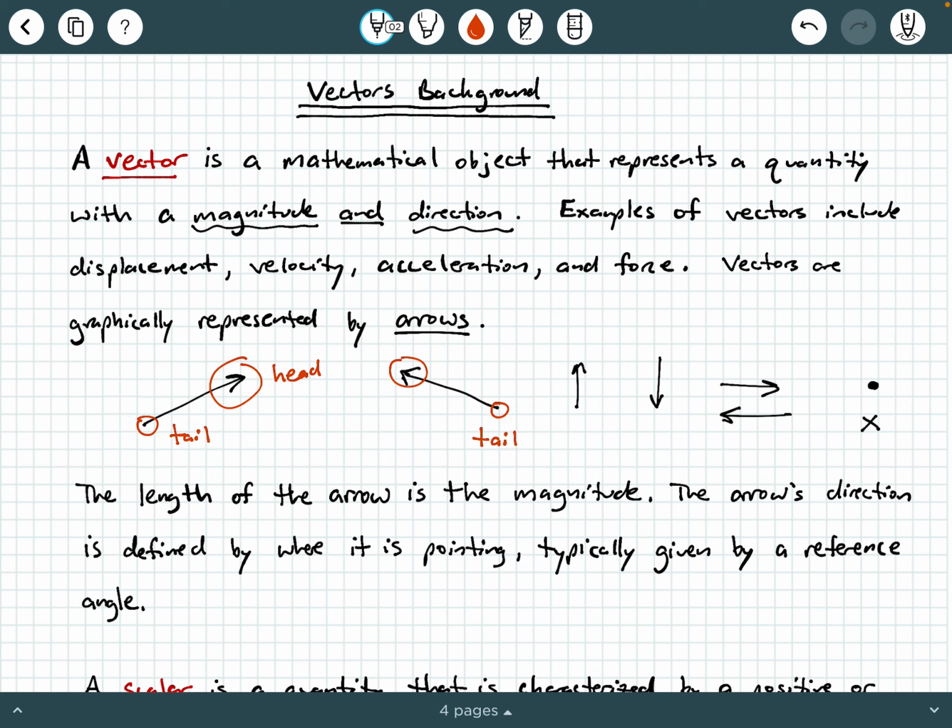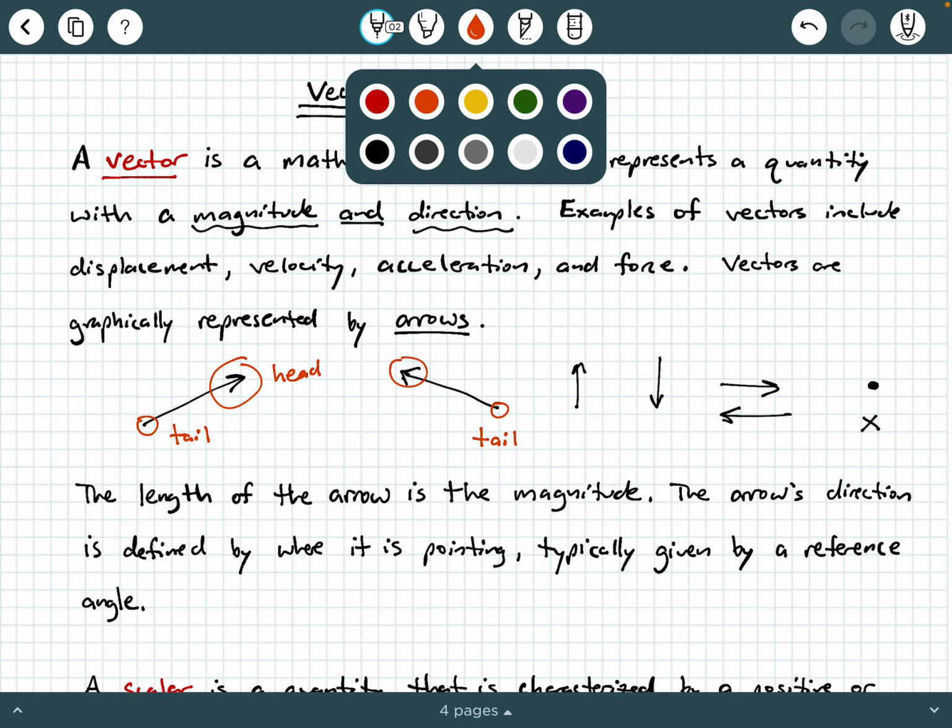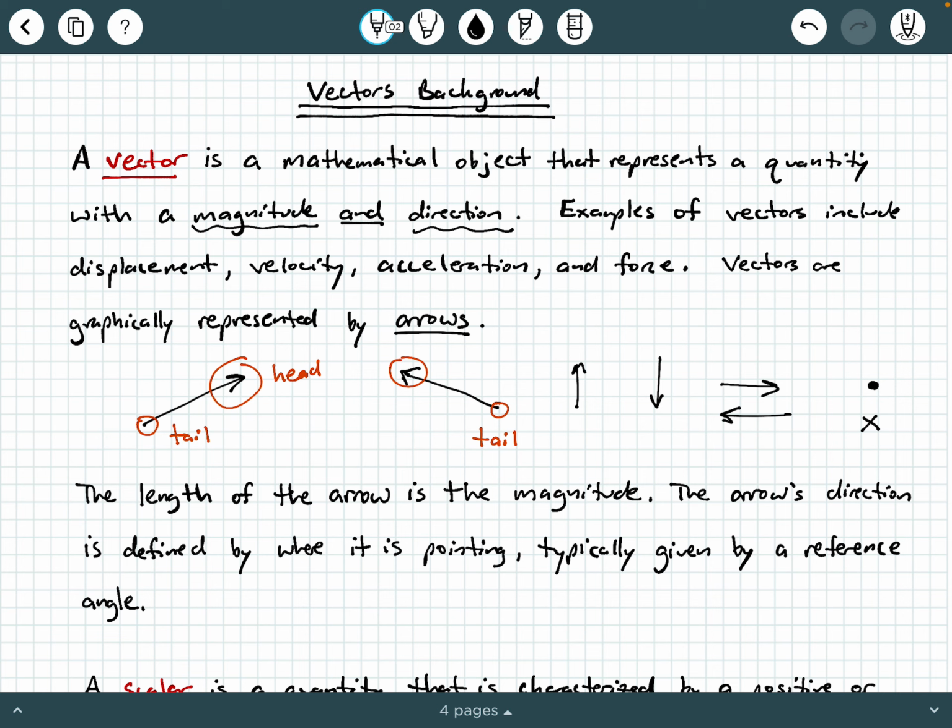So we need to keep that in mind. All right, let's keep rolling. So the length of the arrow itself, or the length of the vector, is the magnitude. The arrow's direction is defined by where it's pointing, typically given as a reference angle.